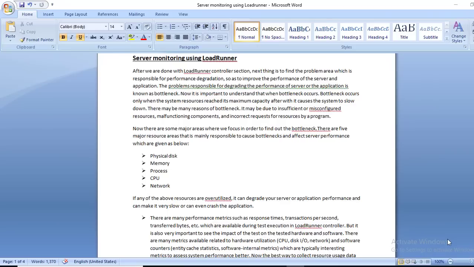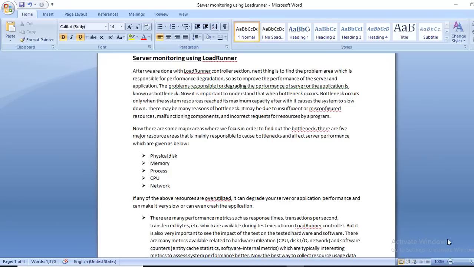Now, it is important to understand when a bottleneck occurs. A bottleneck occurs only when system resources reach their maximum capacity, after which it causes the system to slow down. System resources such as disk, CPU, memory, process, or network might be overutilized due to heavy load.